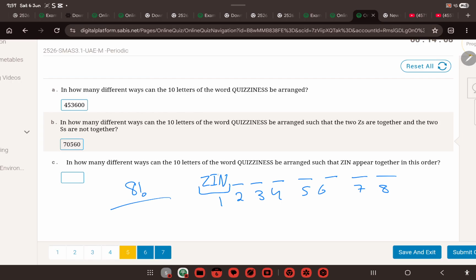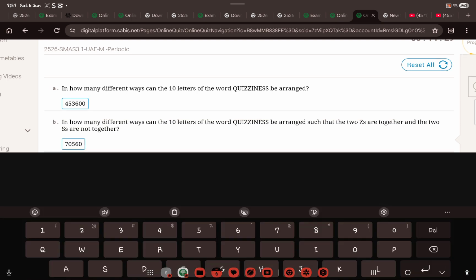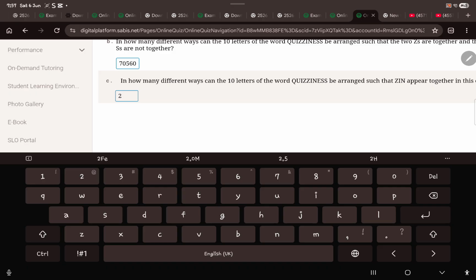We have the I, so we have one more I, so we don't include it. N is not even repeated, and for the S, we only have the 2 S's, so we divide by 2 factorial. So we have 8 factorial divided by 2 factorial. You should get 20160.